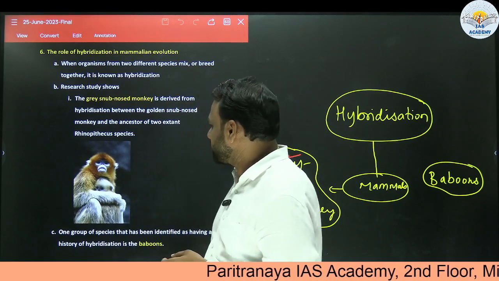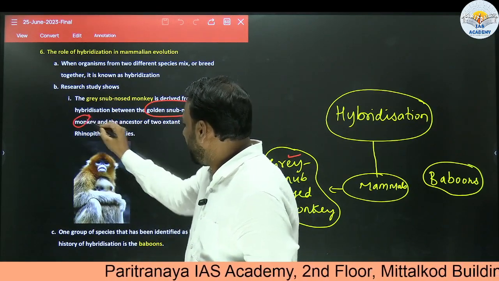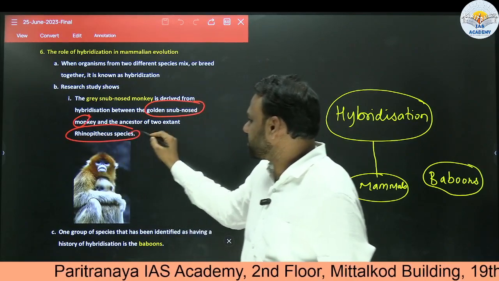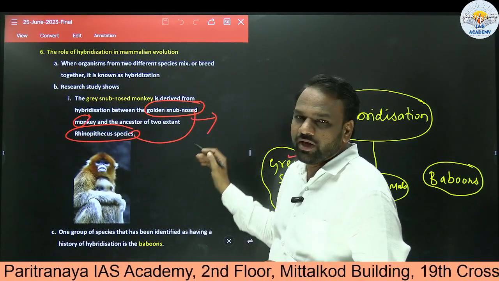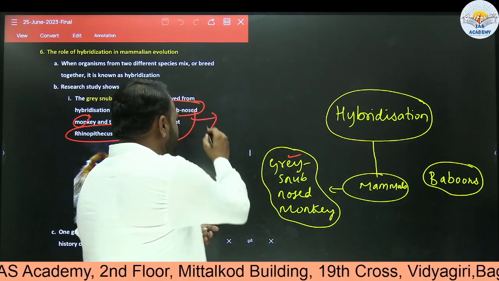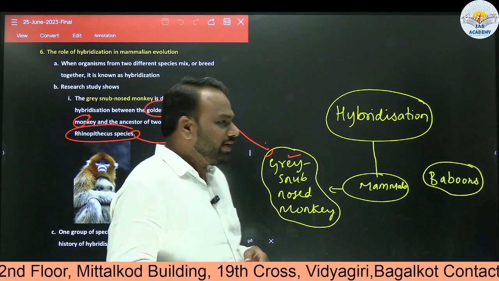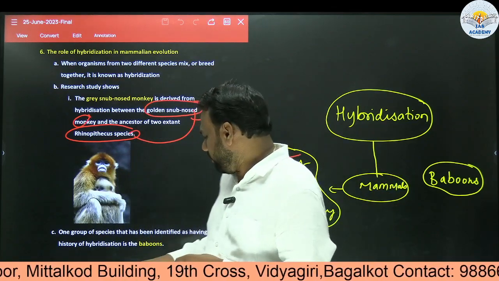Okay, from the hybridization of which two species? The golden snub-nosed monkey and another Rhinopithecus species. Because of the union of these two species, a new species has evolved, that is the gray snub-nosed monkey.